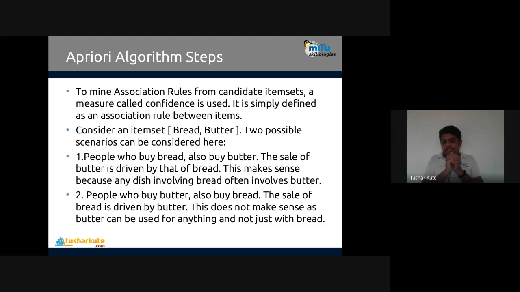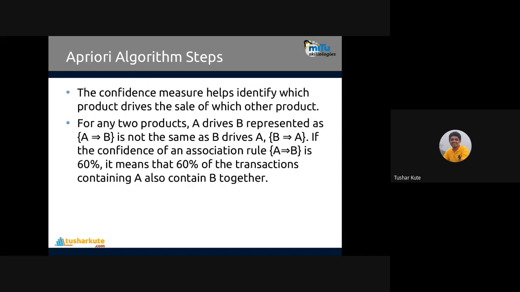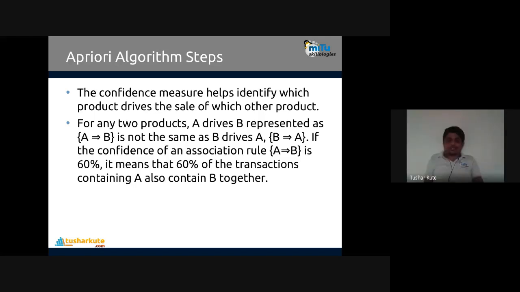1:1 is okay. The Apriori algorithm can generate better rules by following such steps. So the confidence measure helps to identify which product drives the sale of which other product. Just like the example of apple and beer, apple is driving the beer, so 3 out of 4 times, it's 75%. For any product, A drives B is represented as A arrow B, which is not the same as B arrow A. Remember.